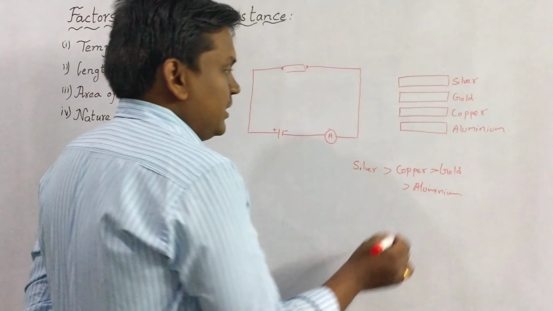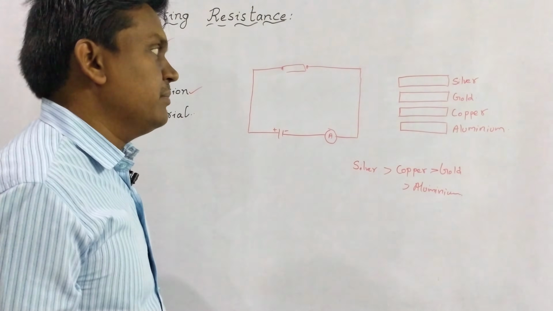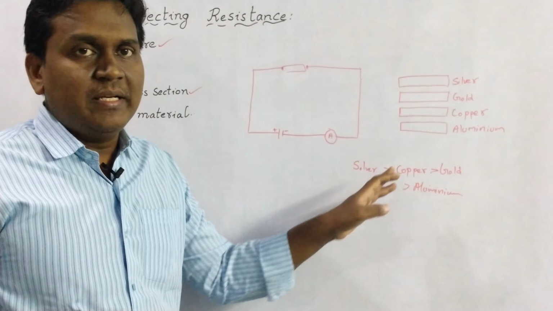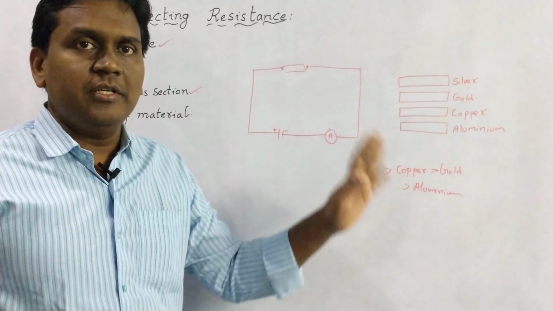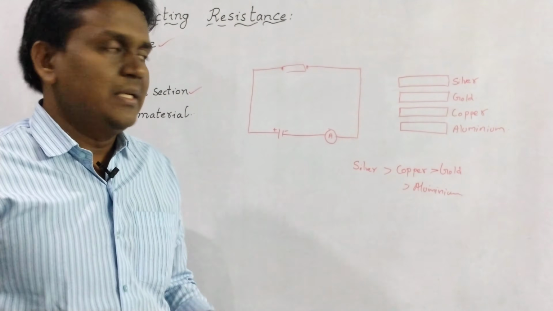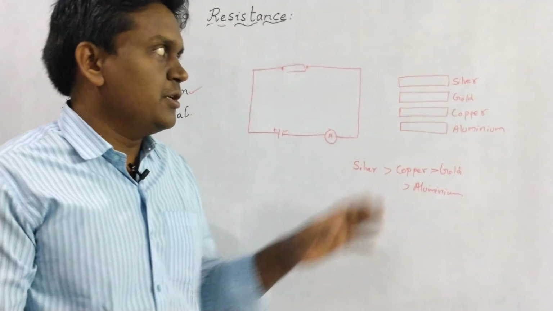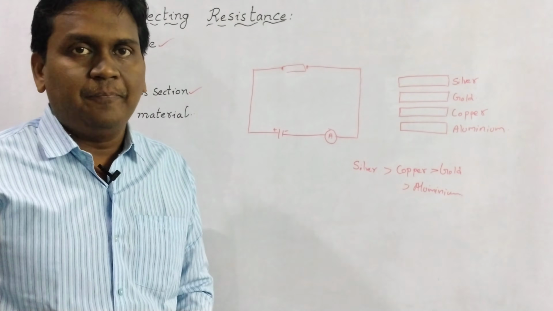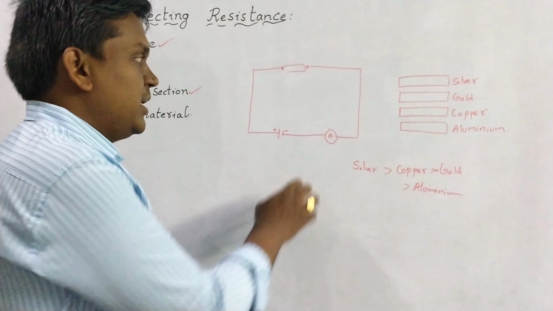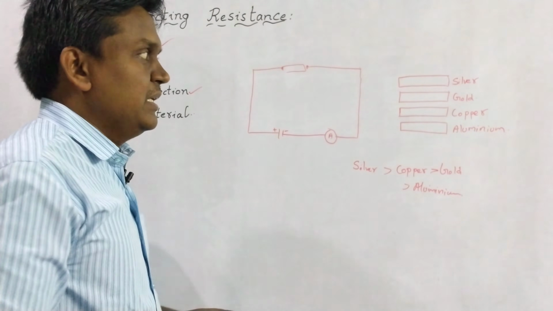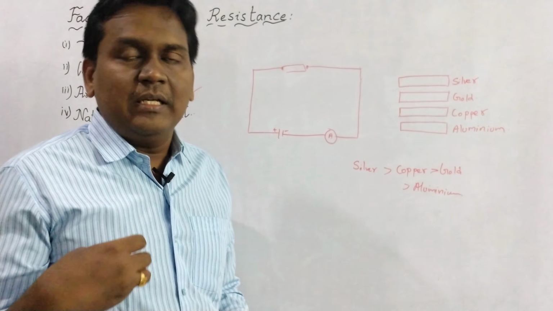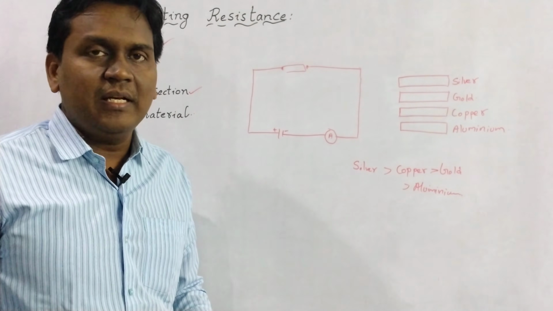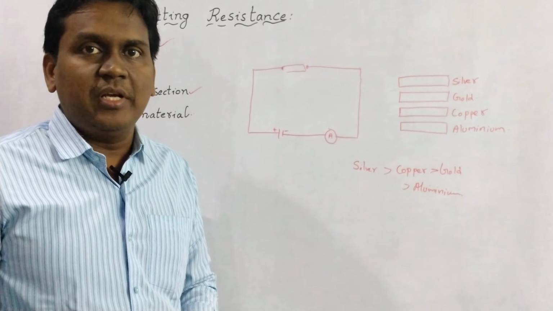So this will be the order: silver, copper, gold, aluminium. Here lengths are equal for the materials and area of cross section is also the same, but what changes is the nature of the materials. As the nature of material changes, the current passing through the circuit also changes. That means resistance also depends on the nature of the material. By changing the material, the resistance keeps on changing.